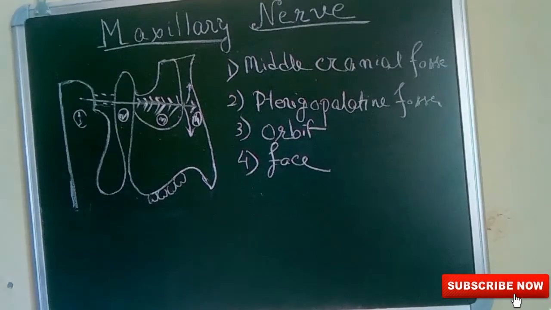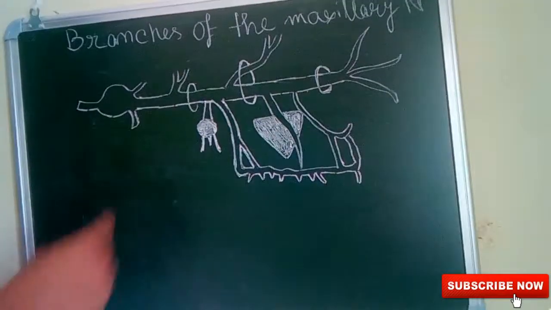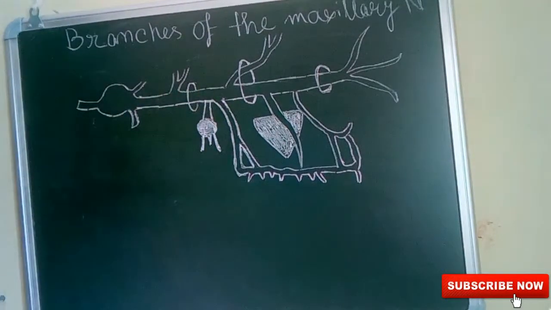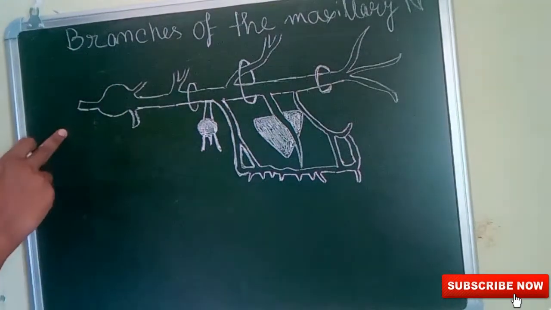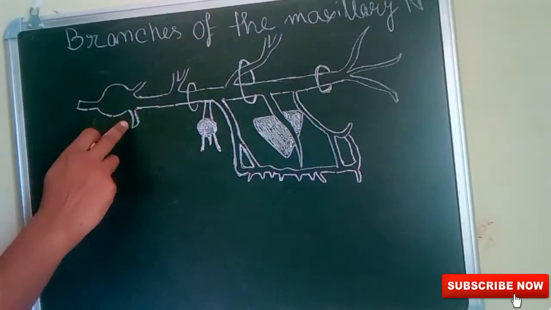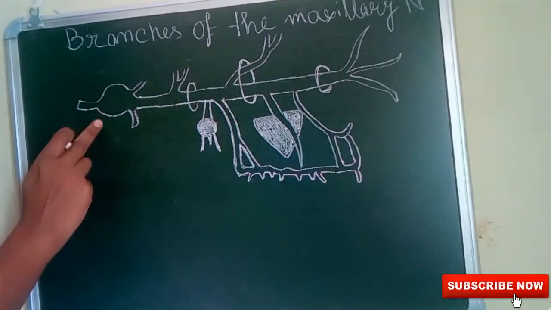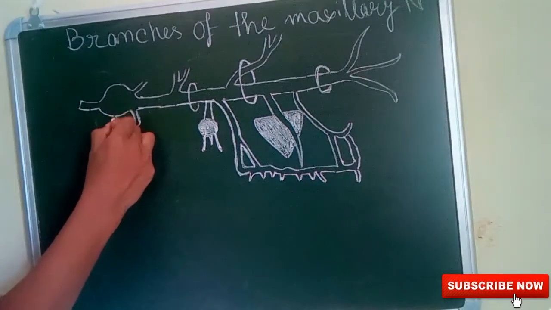Now the different branches of the maxillary nerve. I told you that the maxillary nerve arises from the anterior convex part of the trigeminal ganglion. This is the trigeminal ganglion.